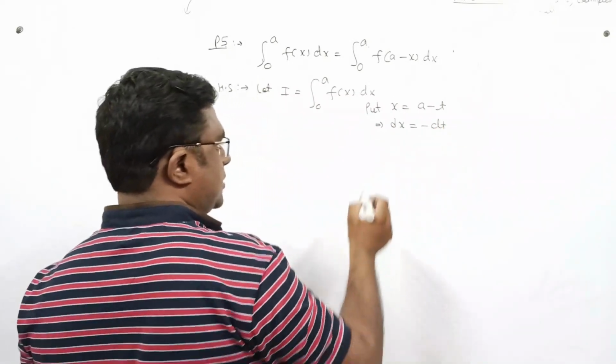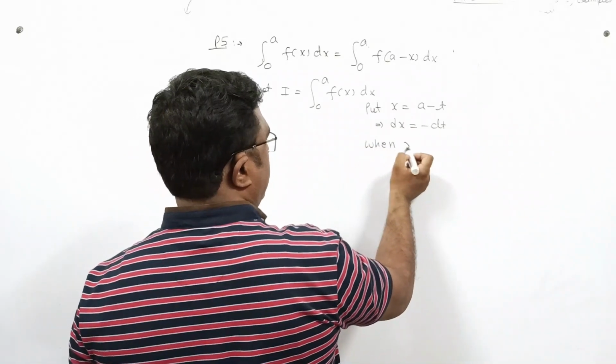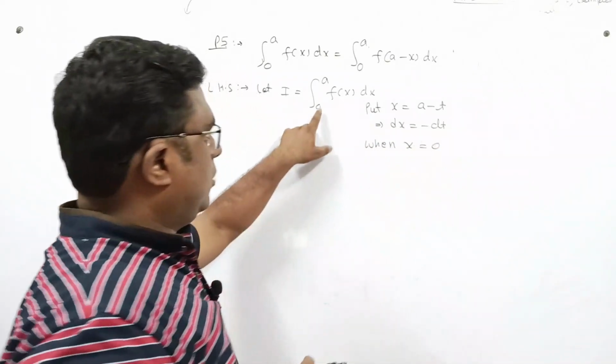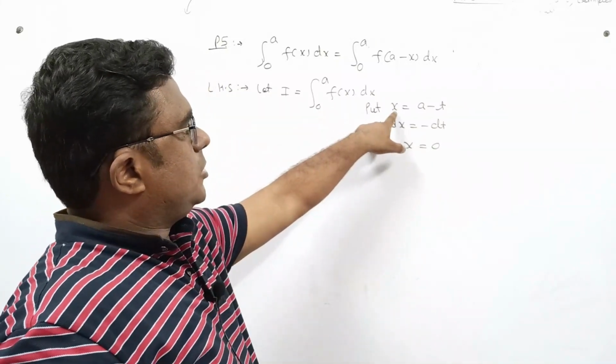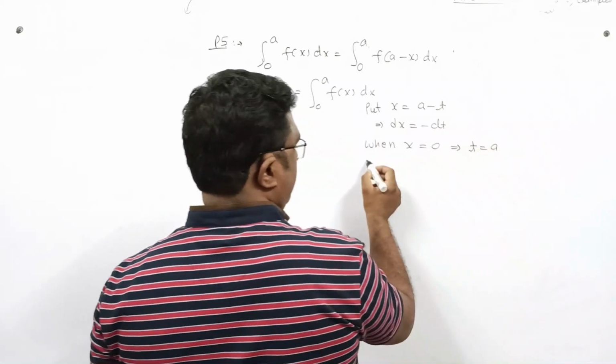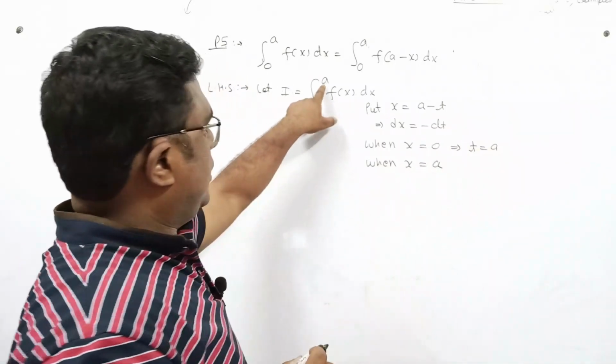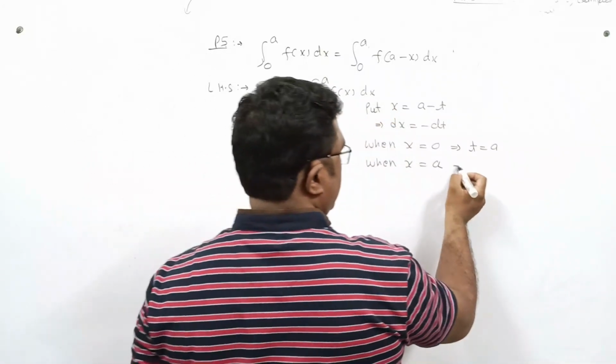Now let us change limits. When x equal to 0, lower limit is 0, so if you take 0 here, then t will be a. And when x is equal to a, if you take a here, then t will be 0.